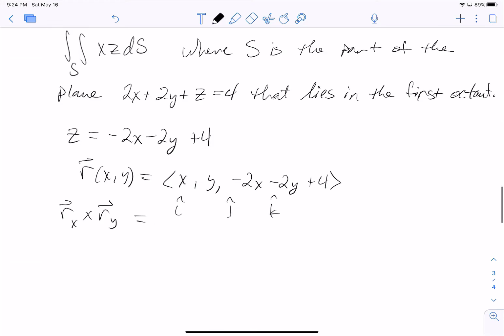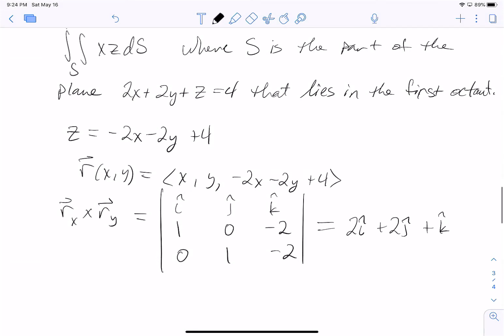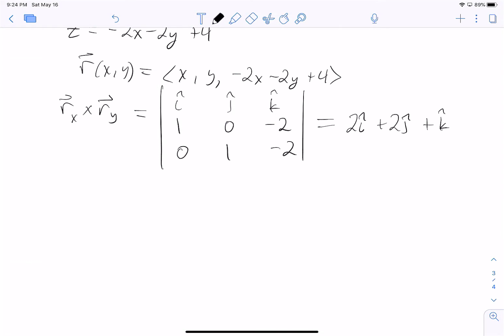So here we've got that the partial of r with respect to x is equal to <1, 0, -2>. The partial of r with respect to y is <0, 1, -2>. And computing that determinant gives us 2i + 2j + k.